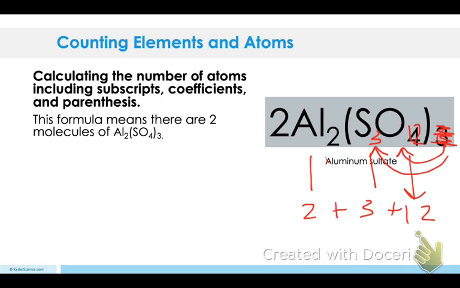So there's 2 ways again I can do this problem. Combine all these together, so 2 plus 3 is 5 plus 12 equals 17. And then I can multiply that by 2. And I get 34.